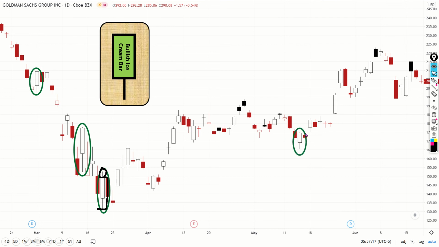This is a smaller one, but it's still considered a bullish ice cream bar. And this is one that comes with a slightly small upper wick there. So there we have identified some of the candles in the chart. It looks pretty common.